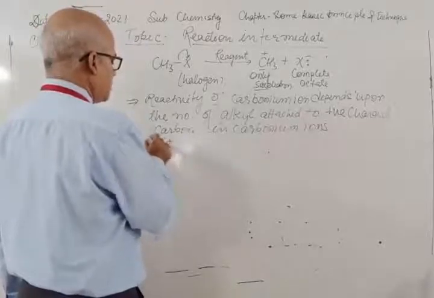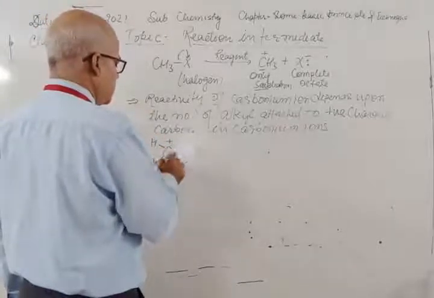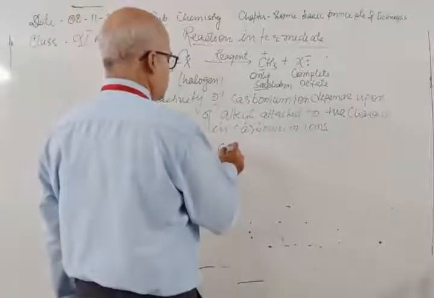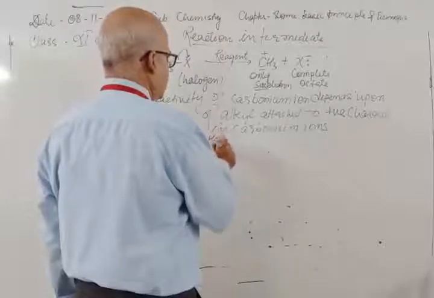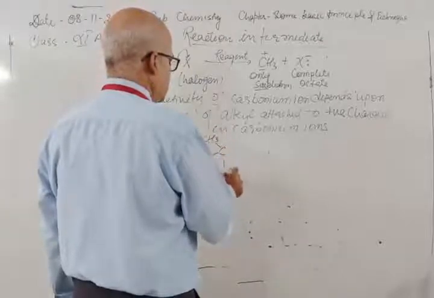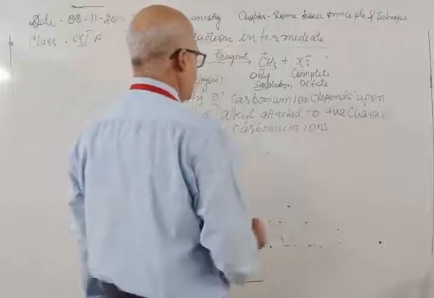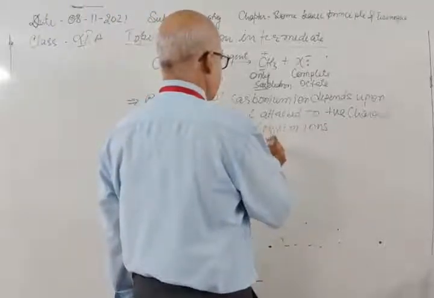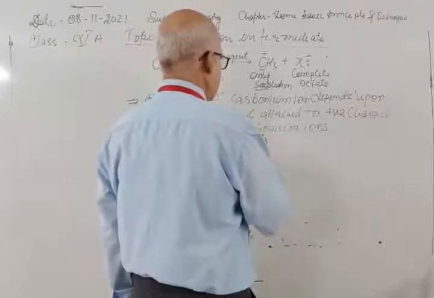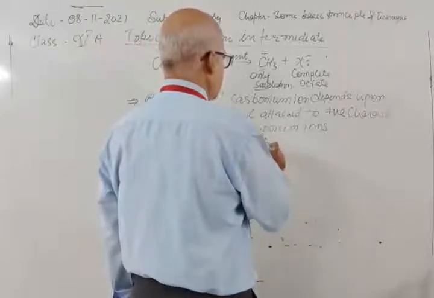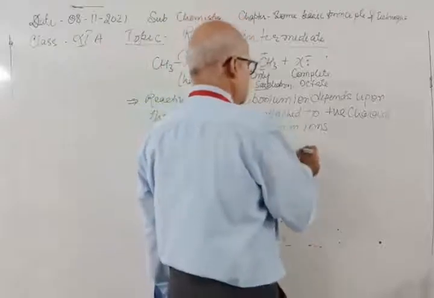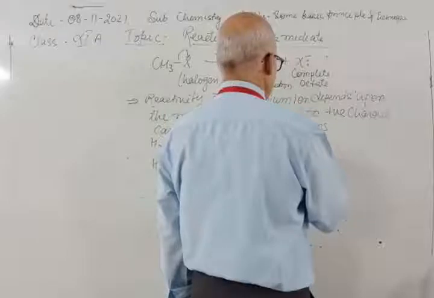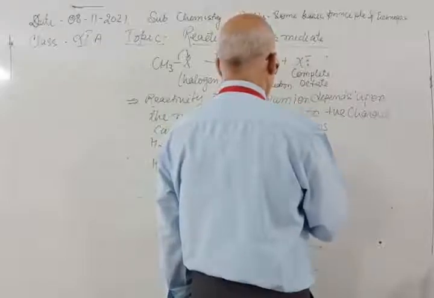Here is H, here is H, and here is H. Now next one is, suppose one alkyl group is attached to this carbonium ion, CH3, then one more alkyl group, and in the last CH3.